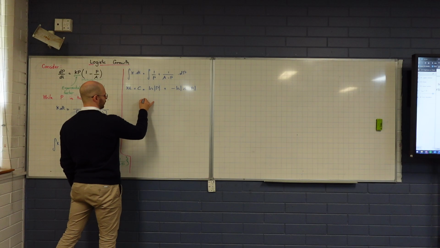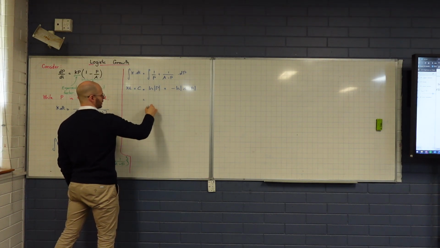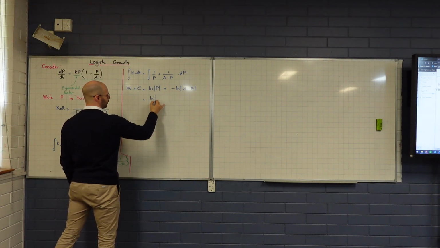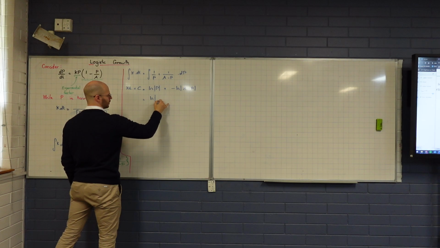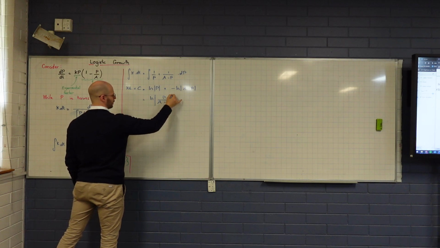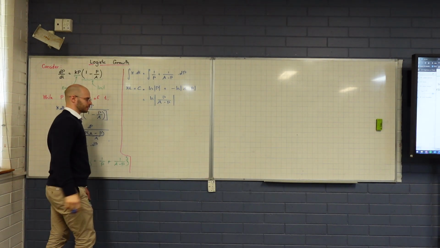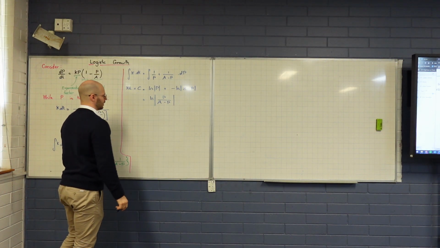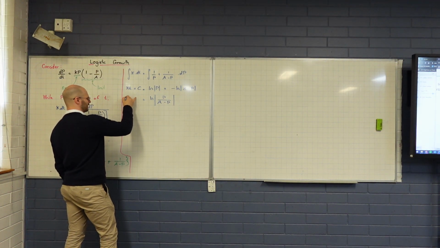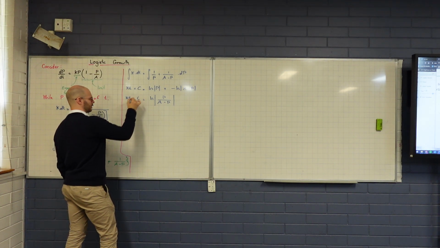From there, we can use our log laws. So these guys can come together. It's the natural logarithm of a take p over p, because they divide when it's take. And then this is still kt plus c.